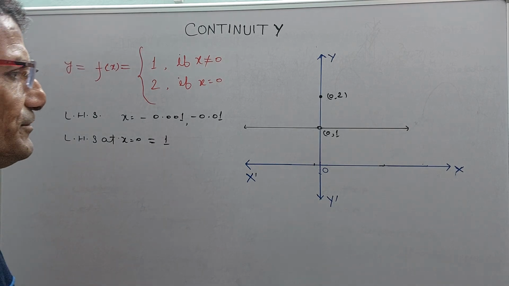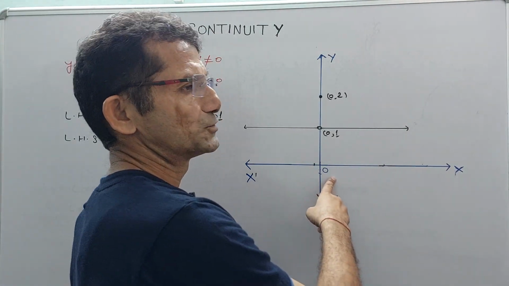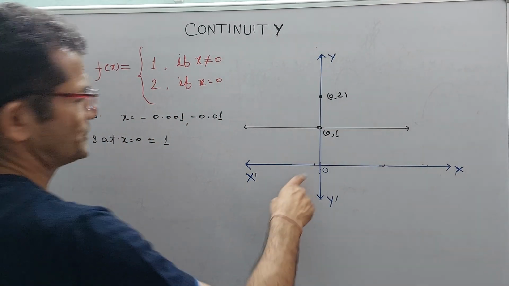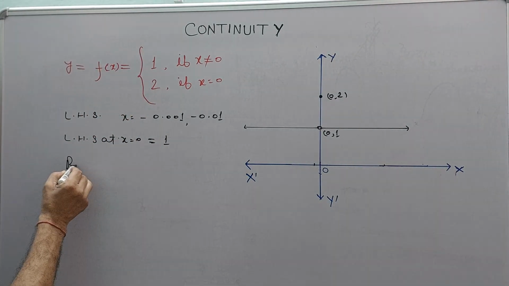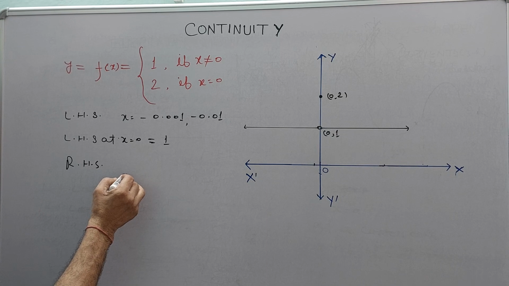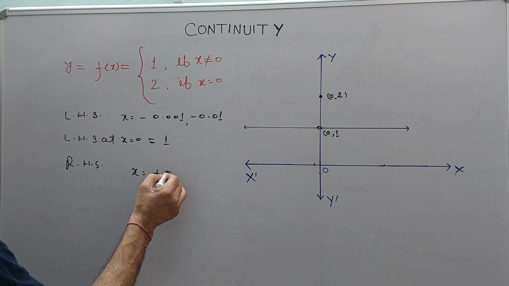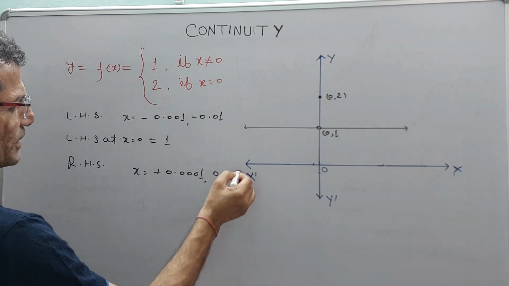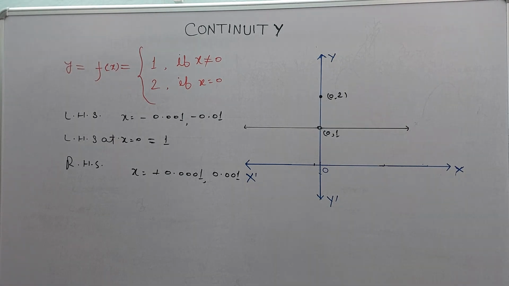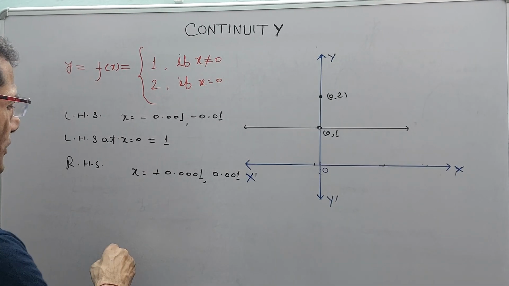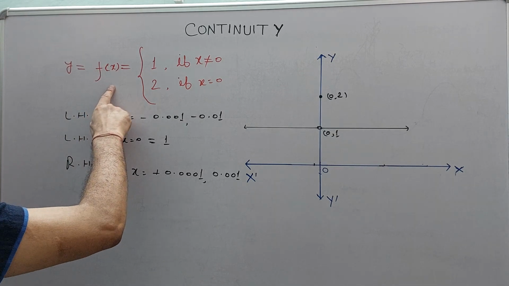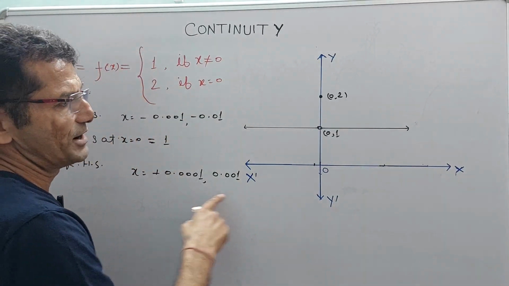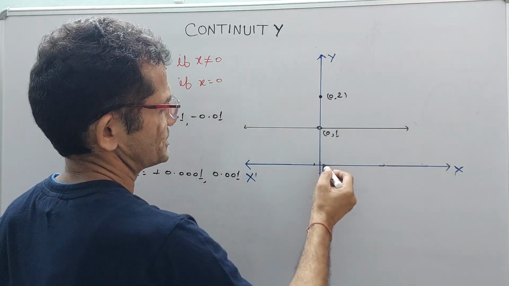And now if I approach 0 from the right-hand side, taking near points of 0, x equal to plus 0.0001, 0.001, these are points very near to 0. We also check from the graph: f(x) when x is not equal to 0, the corresponding value is 1. Again the f(x) value of these points is 1.